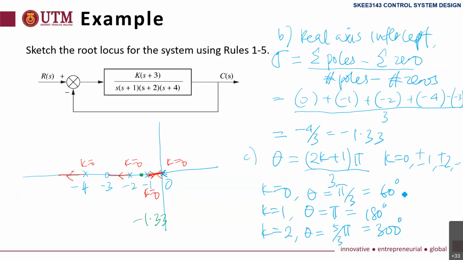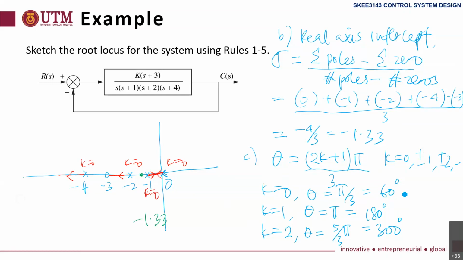If you use negative, it is also the same. If you use negative 1, you get 180 degrees. You use negative 2, you get minus 60. You can use positive, you can use negative. You can find as many as you want, but it will go to the same point.